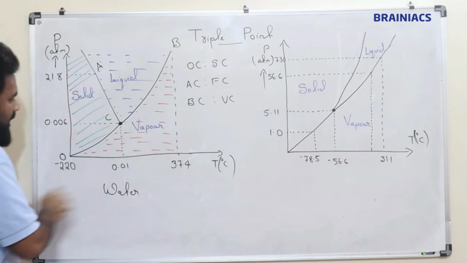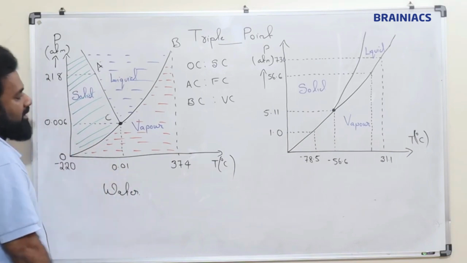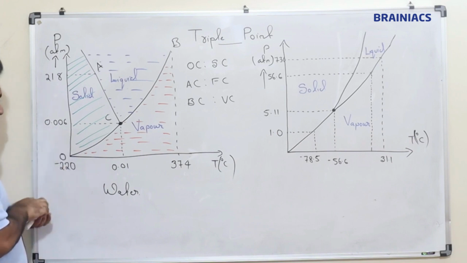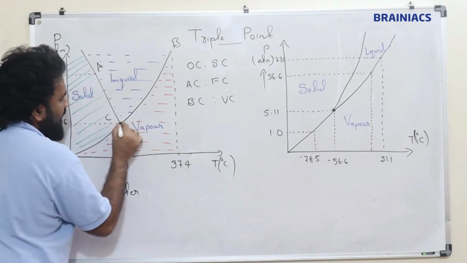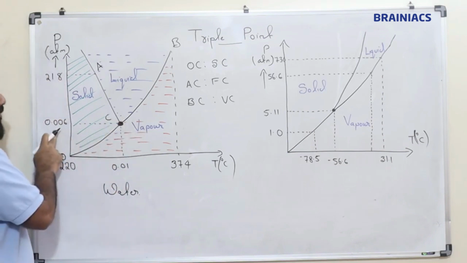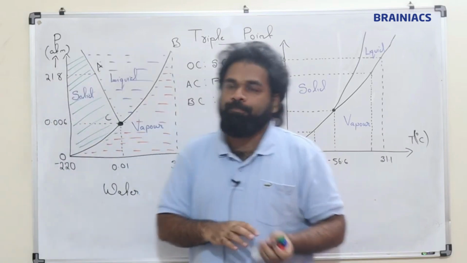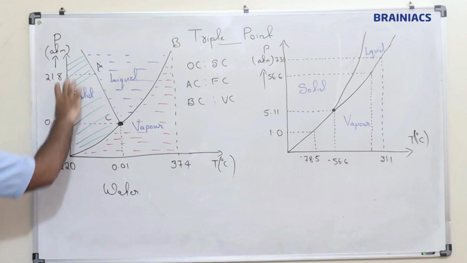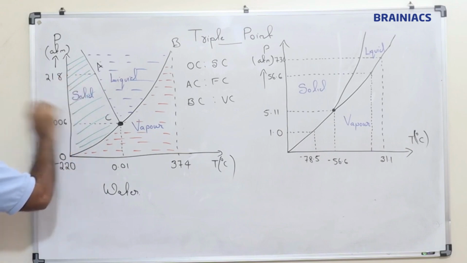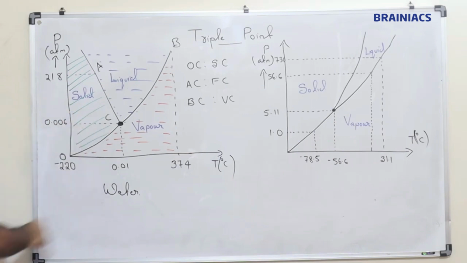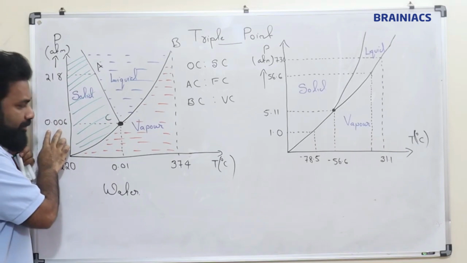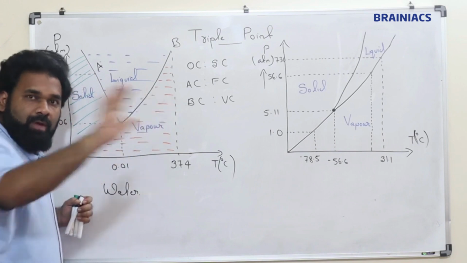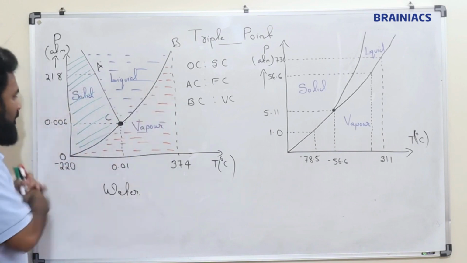So if this is 0.01 degree Celsius and this is 0.006, then at such a low pressure, suppose we mark 1 atmosphere, it will be somewhere here. 1 atmospheric pressure is the normal temperature pressure condition, not that one.